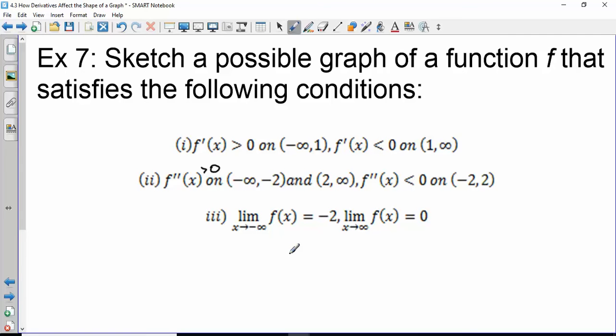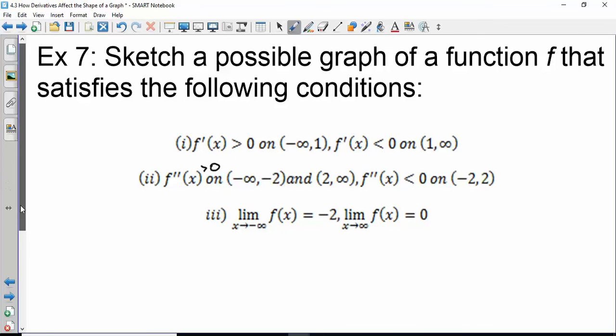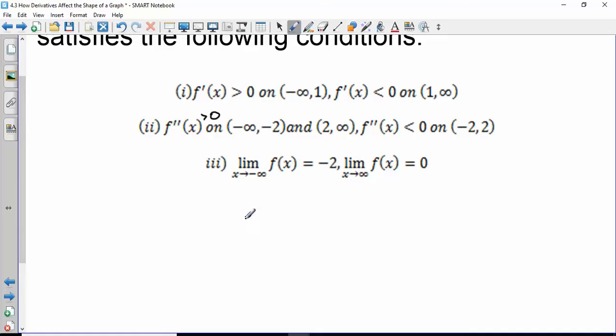Sorry about that. Okay, so let's read our conditions. F prime of x is greater than 0. So the first derivative is positive from negative infinity to 1. And f prime of x is less than 0 from 1 to infinity.